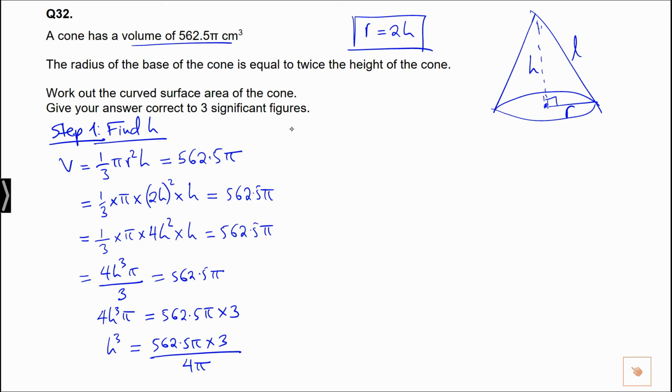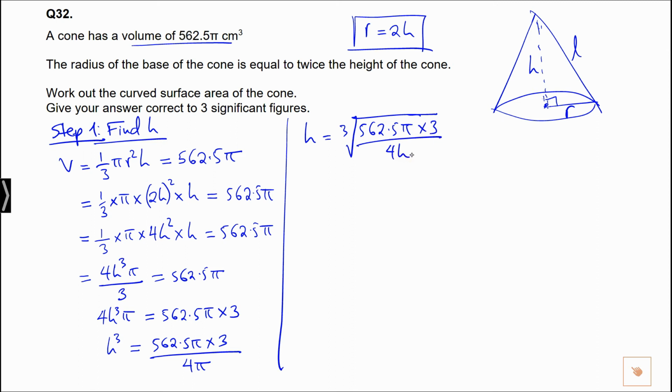So h will be equal to the cube root of all this. If you plug that into your calculator, your value of h will be 7.5. So h is 7.5.